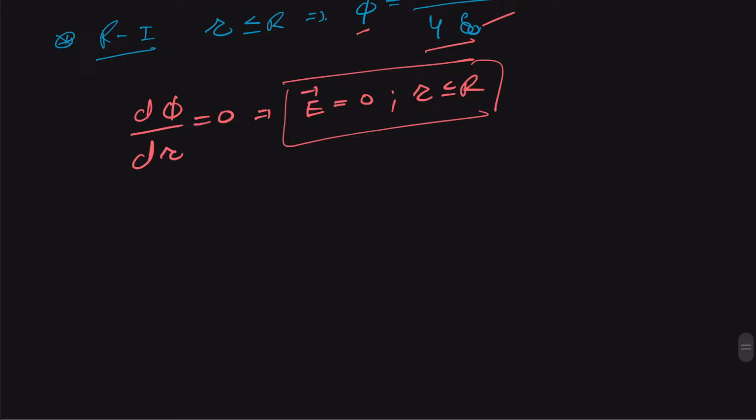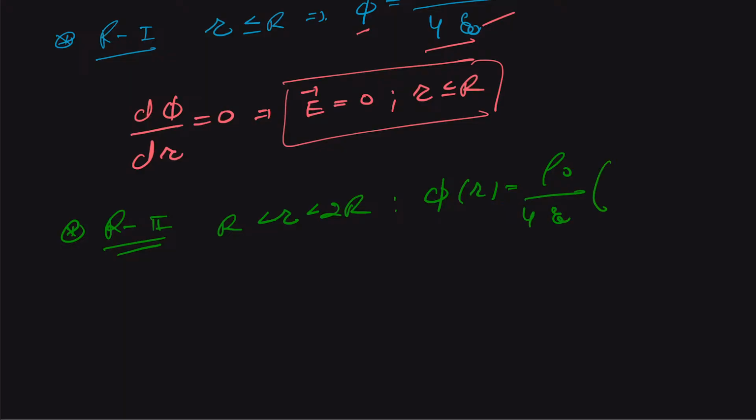Similarly, we can solve for region number 2. Region number 2 is given as r greater than capital R but less than 2R. And here the potential is given as rho naught upon 4 epsilon naught times (4R square minus r square).